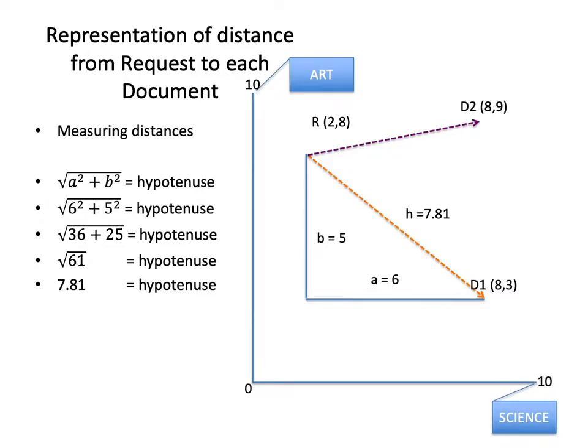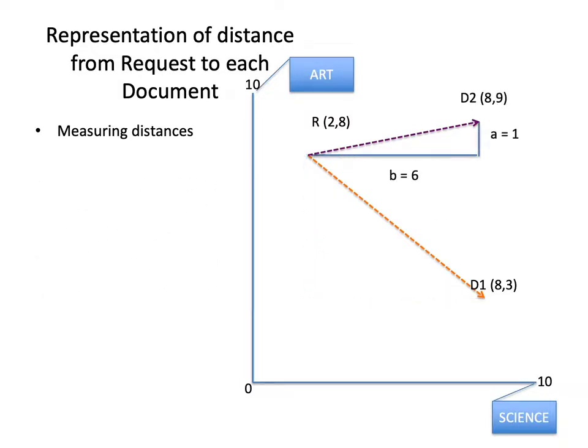So we need the square root of 37, which is 6.08 approximately. And so we were right. The arrow from the request to document 1 is in fact a little bit longer. Not a lot, but a little bit longer.